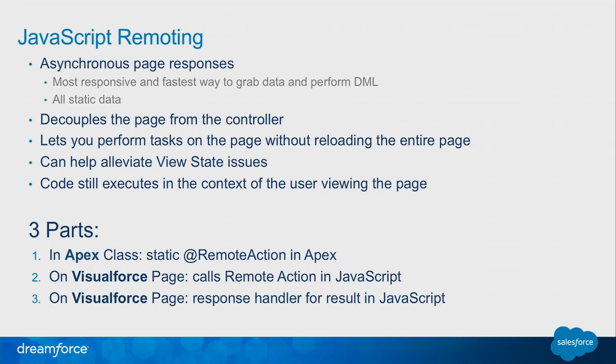Right. JavaScript Remoting. It does everything I've just said, really. It's very fast and very efficient. One of the problems with Visualforce is it has a huge amount of view state. View state, everybody understand the concept of view state? If you load a page and then you call back into a class in Apex, that class hasn't just been sat around on the server.